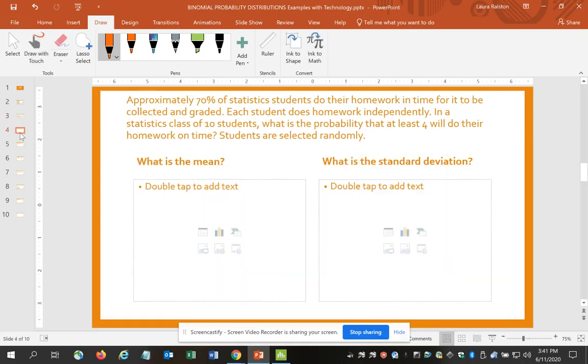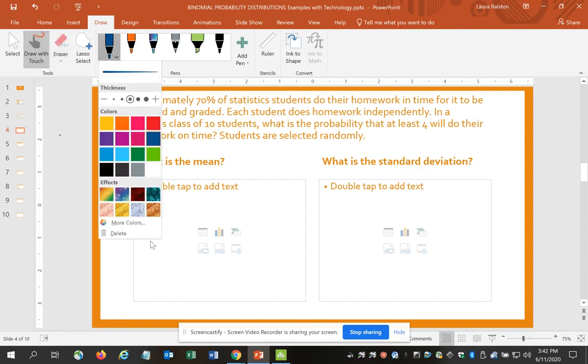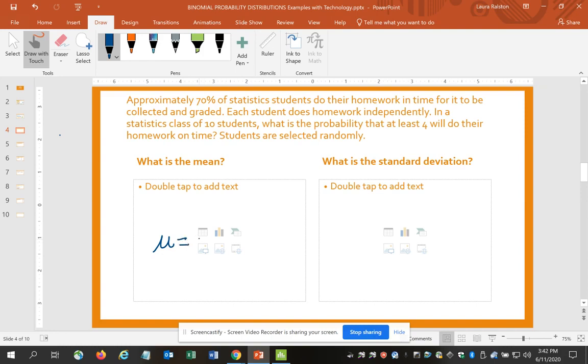We also need to be able to calculate the mean and the standard deviation for our scenario. Those two things are formula based, okay? And so it's something you'll do on your handheld calculator. If you'll recall, the formula for the mean of the binomial is simply the sample size times the probability of success.